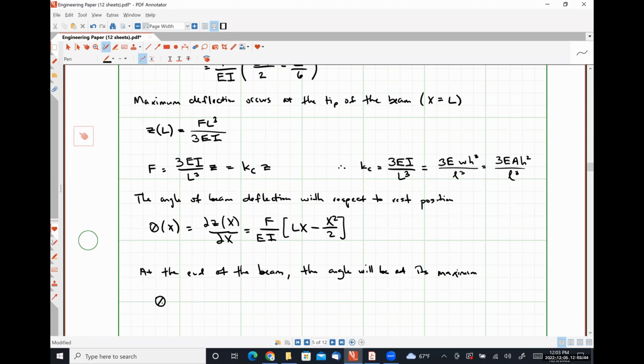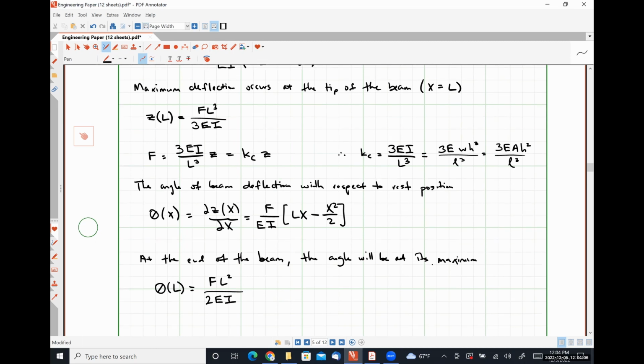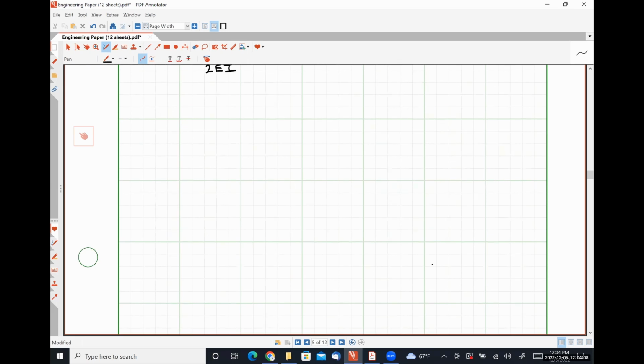So theta at, sorry, that should be capital L, will be equal to F capital L squared over 2EI. Alrighty. And lastly, let's talk about stress.